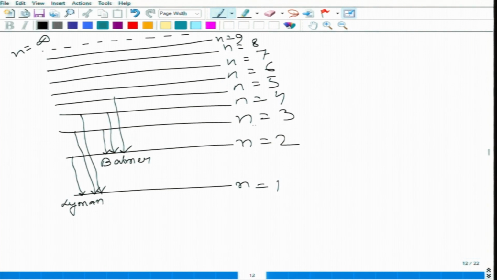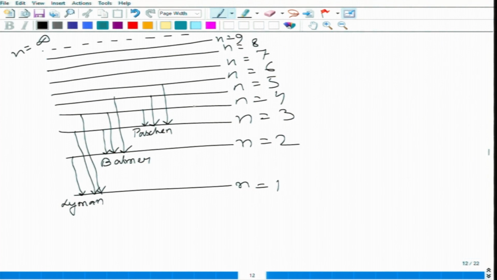Now if the lower state is n equal to 3, then what will the lines be like? The lines will look like this. So all will come to n equal to 3. This is called the Paschen series.